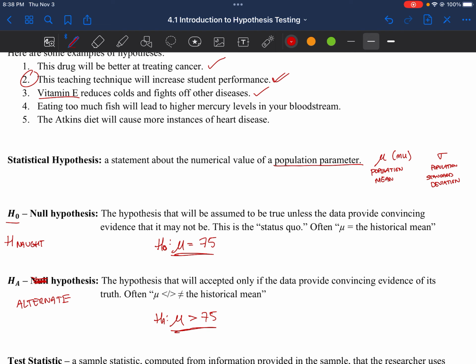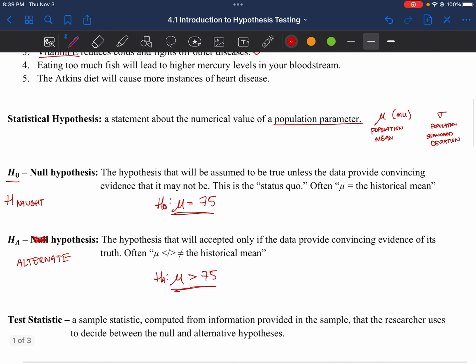In the next lesson, we'll talk about how to calculate all that. But for right now, all we're talking about is that there's a test statistic. At some point, there will be information provided in the sample, and the researcher is going to use that to decide whether we accept the null hypothesis, or choose not to reject it, or if we reject the null hypothesis and instead accept the alternative hypothesis.